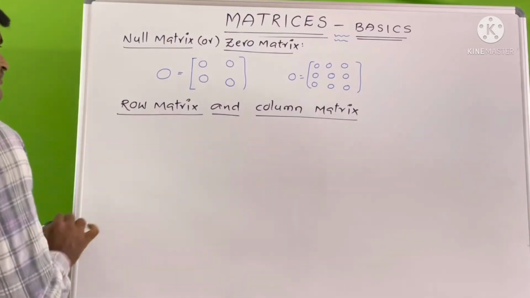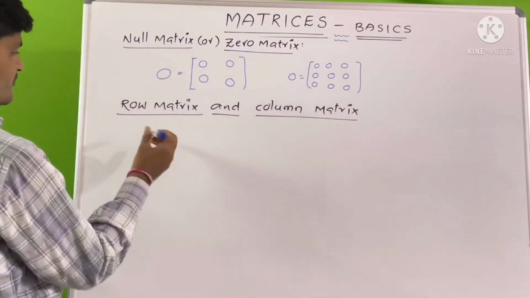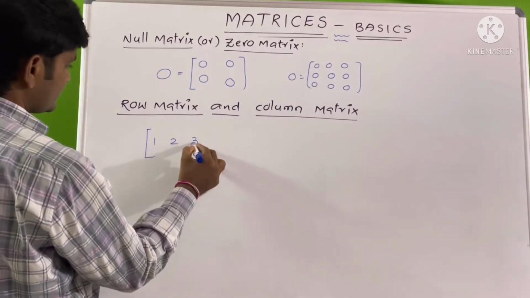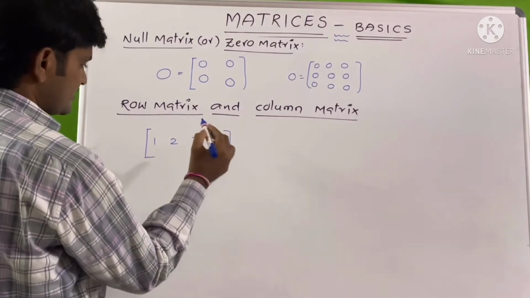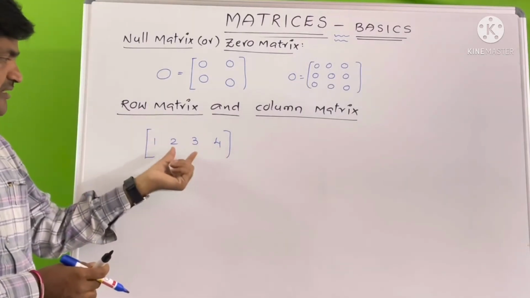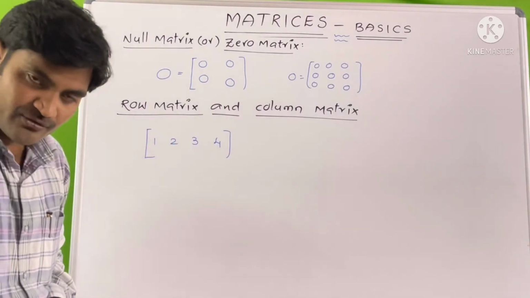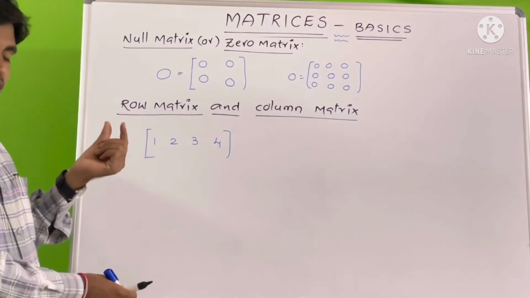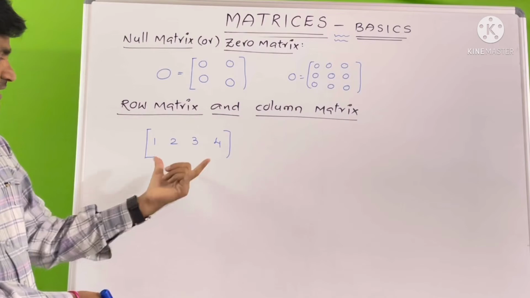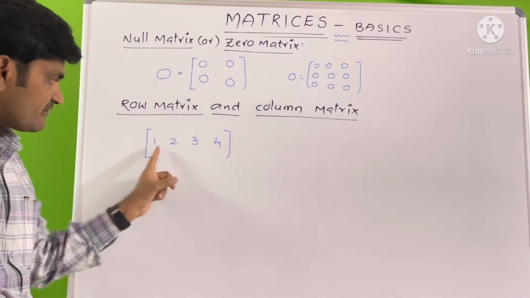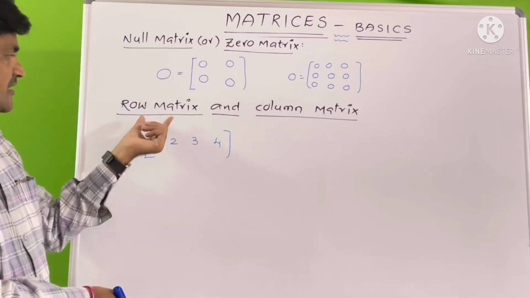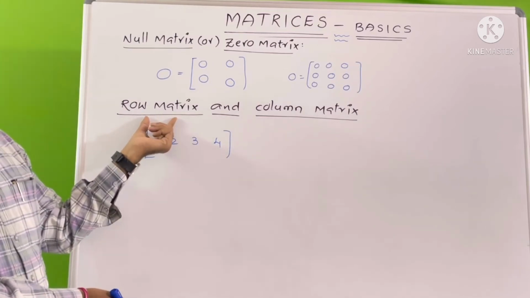Simply, the example of a row matrix is 1 2 3 4. This is one of the examples of a row matrix. Now the definition of row matrix is: in a matrix, only one row is there. In a matrix only one row is there, then that matrix is called a row matrix.